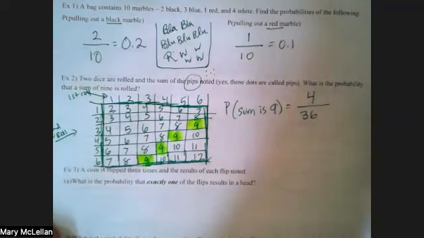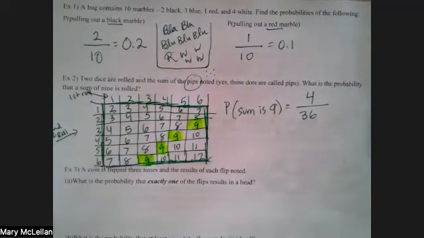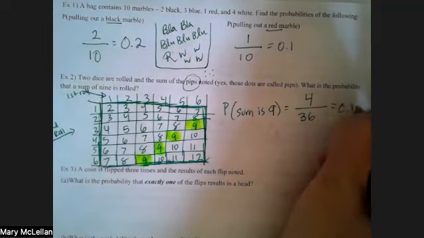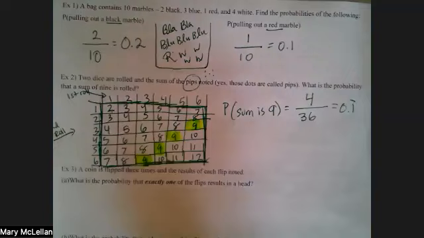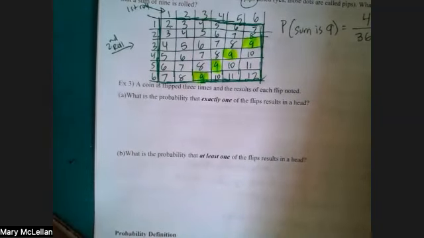So the probability that I get a sum of 9 is 4 out of 36, or 0.1 repeating.